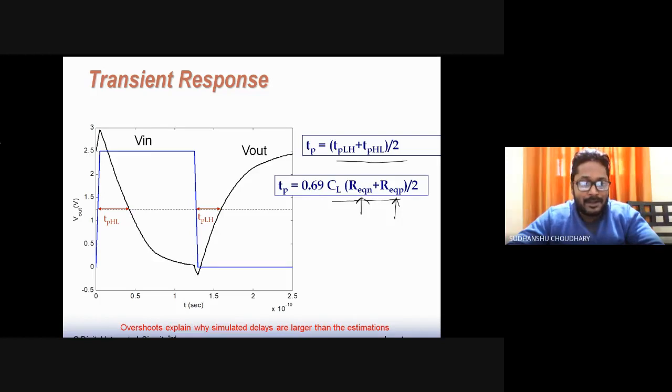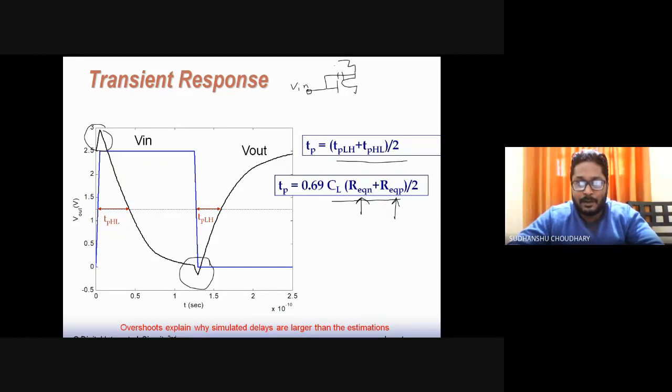Now here in this transient response, you would be noting these two points right here. These are called overshoots and undershoots, and these are because of the gate to drain capacitance, which is appearing here. Of course, we have a PMOS also over here above this.